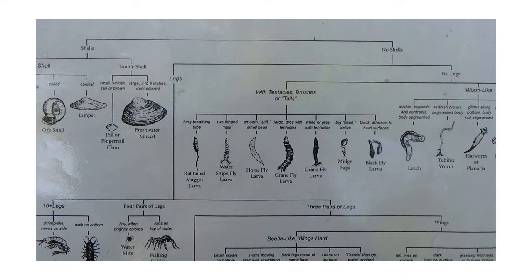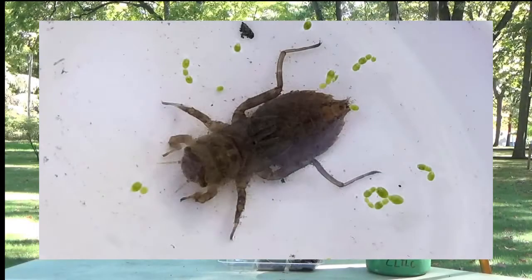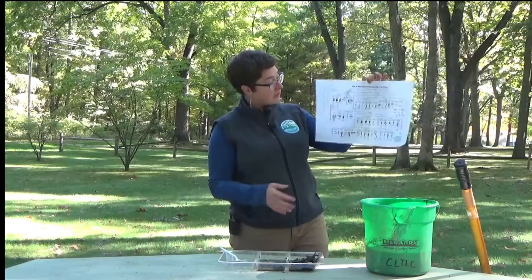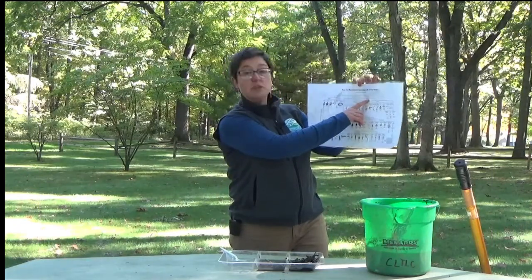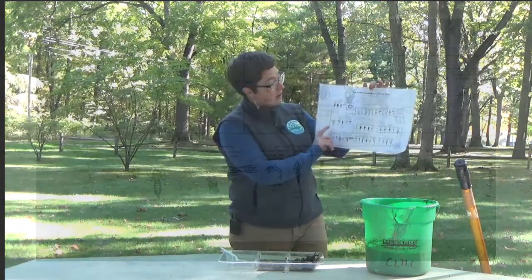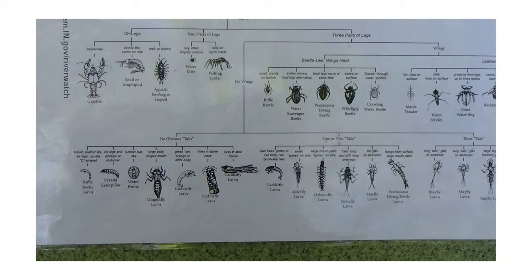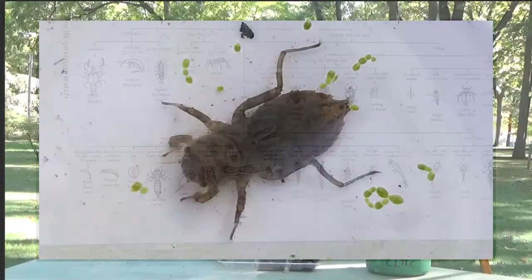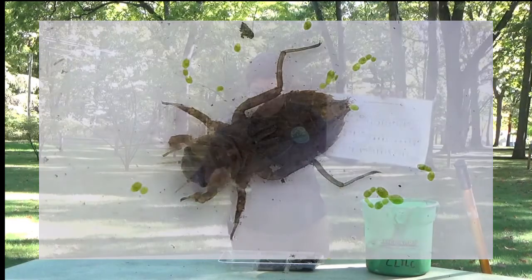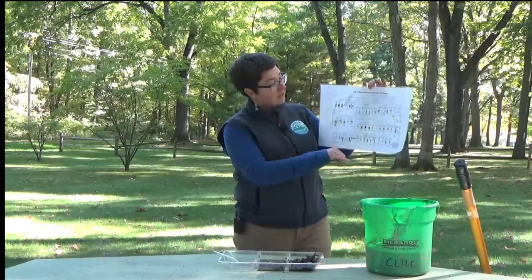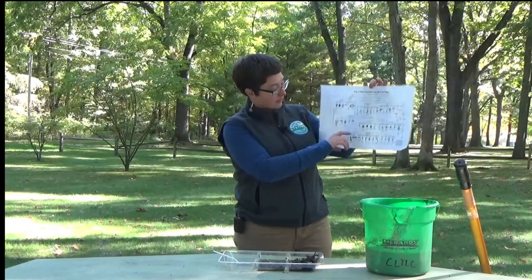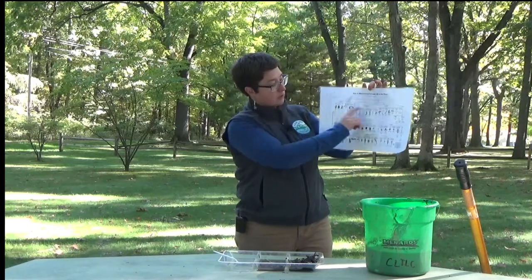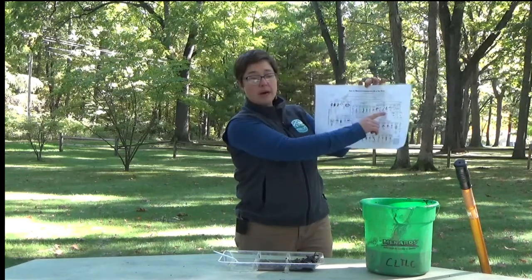Does it have a shell or no shell? If you answered no shell, you are correct. Now, does it have legs or no legs? Take a close look. If you answered legs, you are correct. So within 2 questions, we've eliminated all of these possible options.